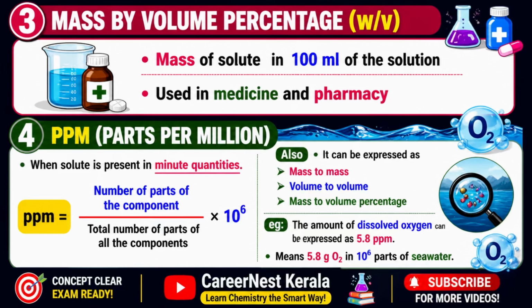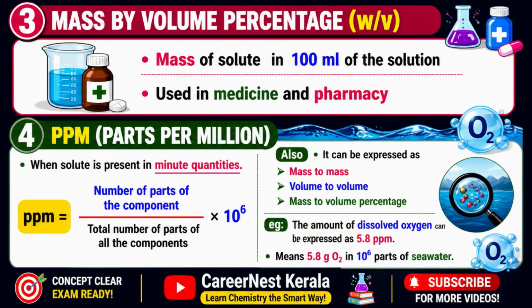Mass by volume percentage, weight by volume: mass of solute in 100 milliliters of the solution, used in medicine and pharmacy. ppm, parts per million. When solute is present in minute quantities, ppm equals number of parts of the component divided by total number of parts of all the components, multiplied by 10 to the power 6.